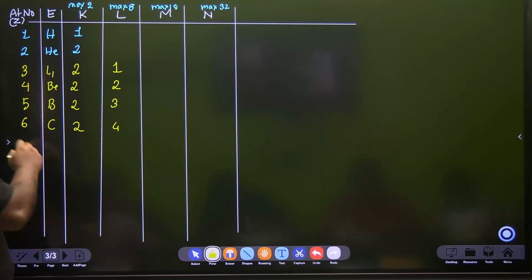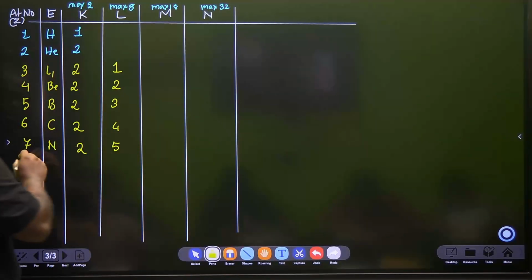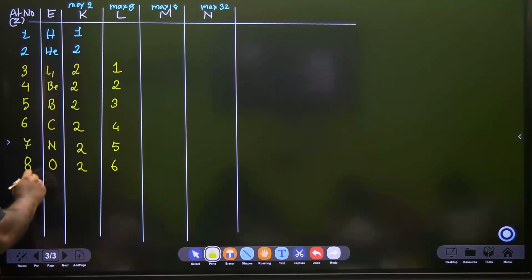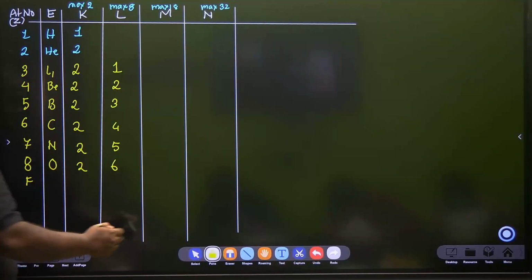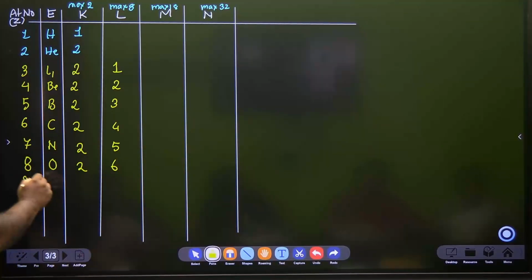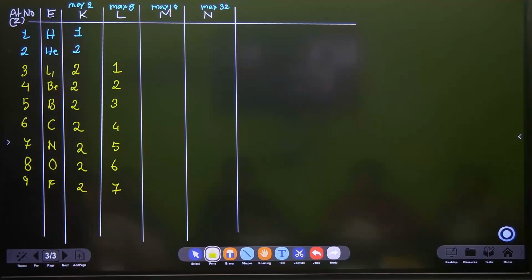After carbon, nitrogen, 2, 5. Then comes oxygen, 2, 6. Then comes fluorine, number 9. Fluorine will have how many? 7. 2, 7. Now be ready. Fluorine is only 2, 7. That's 9. After fluorine comes neon.